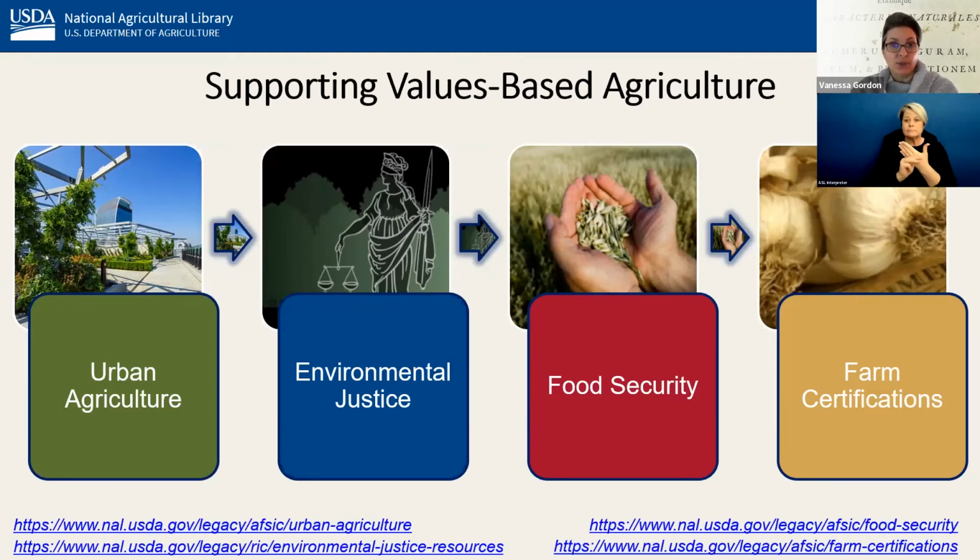As I am sure this audience is aware, there are various types of certifications that can be added to your products and operational practices. The farm certification page houses information on labeling from the basics to certification, organic standards and certification, and then of course, quality grading and inspections as well.